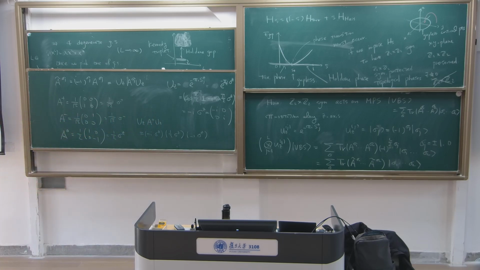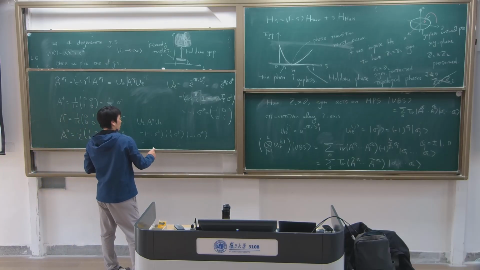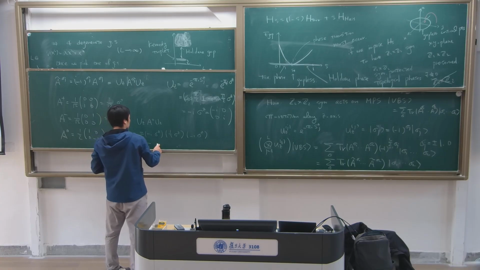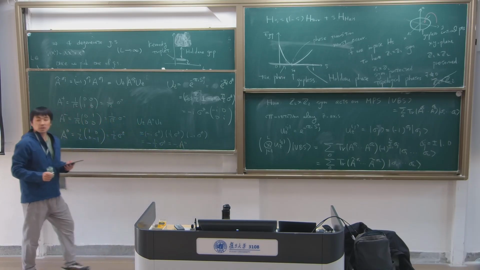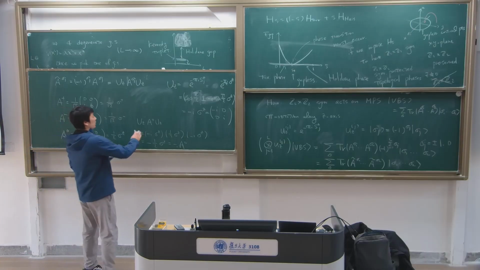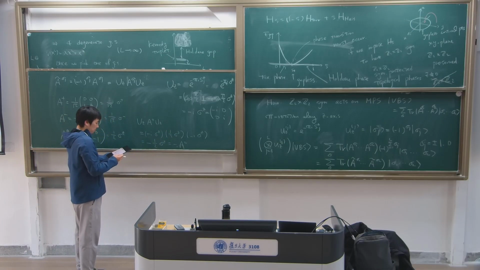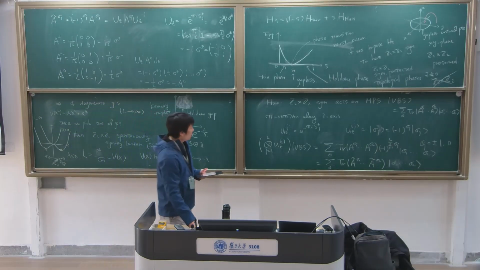You know what I mean? Then this will give you the minus of alpha sigma c, which is minus a. You can check like this, and you can check the same thing.